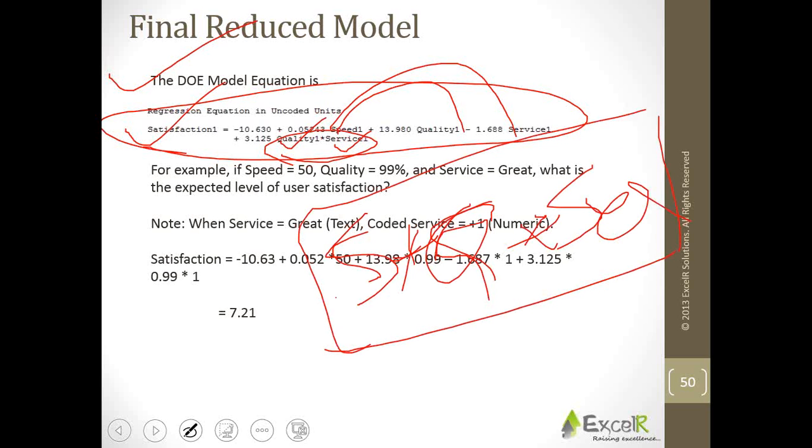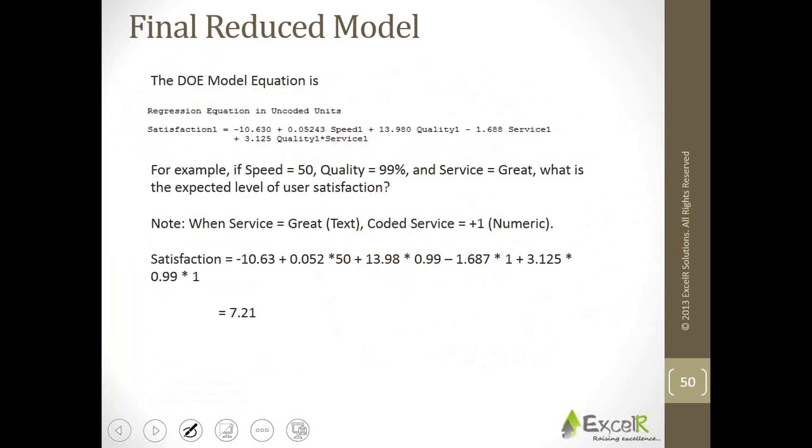Why is this also not there? Because this was also not significant. Why? Because the p-value was greater than 0.05. So from now on, if people give me the values of speed, quality and service, I'll be easily able to explain what the level of user satisfaction is.